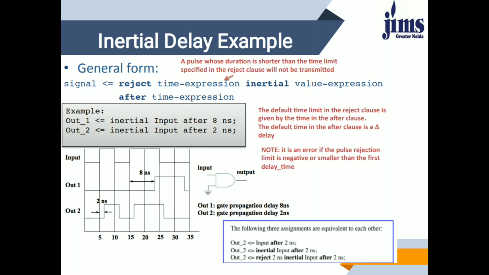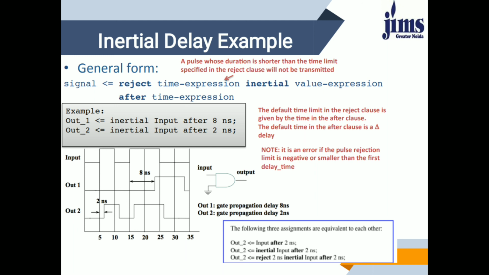A pulse whose duration is shorter than the time limit specified in the reject clause will not be transmitted. Then we specify inertial, because we are applying inertial delay.